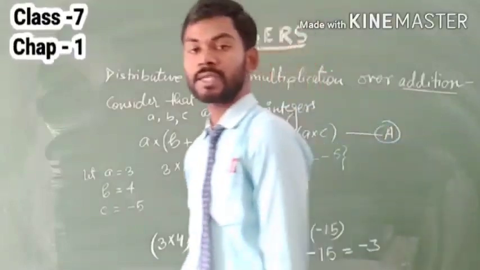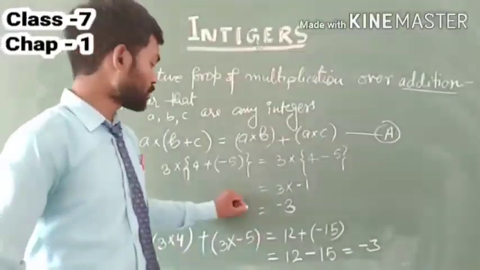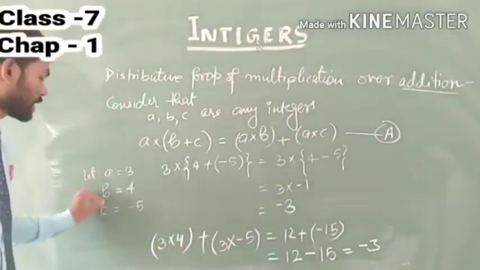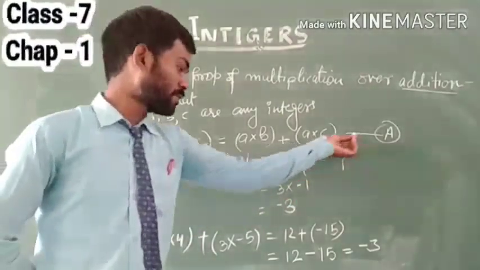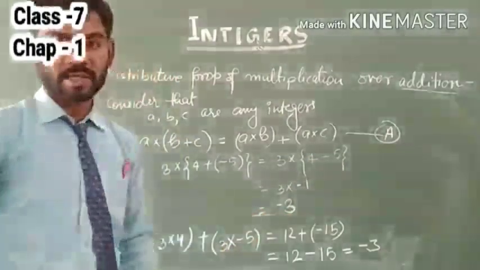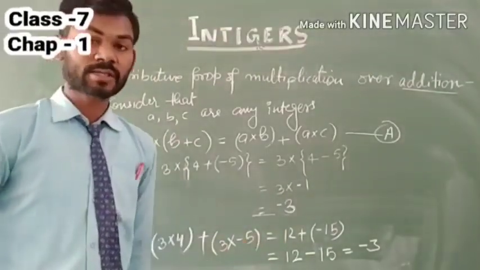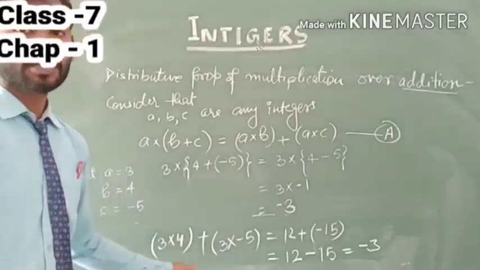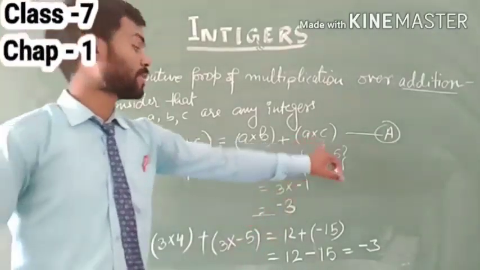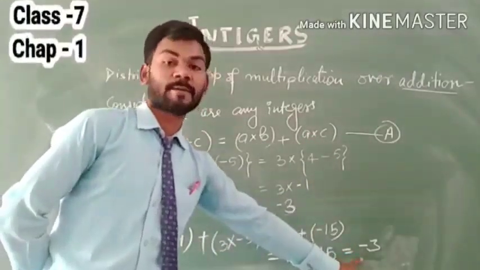So when we substitute the values of A, B, C as 3, 4 and minus 5 in the left side of statement A, we get minus 3, and we get the same result in the right side of statement A.